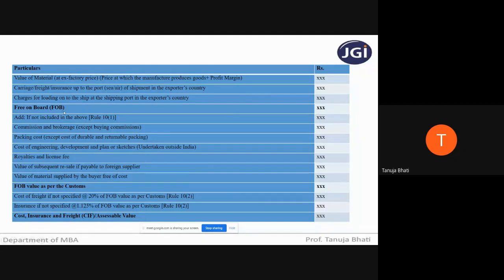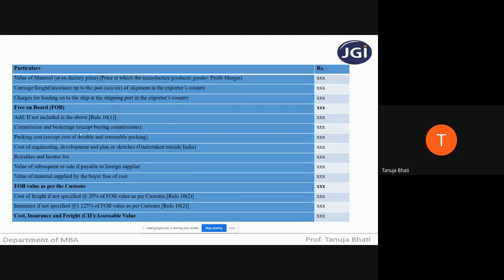But for valuation under customs in India, there are certain things that you need to add to FOB as per rule number 10. Though free on board is FAS plus your loading charges plus your export duty, for valuation under customs you need to add certain items under rule number 10.